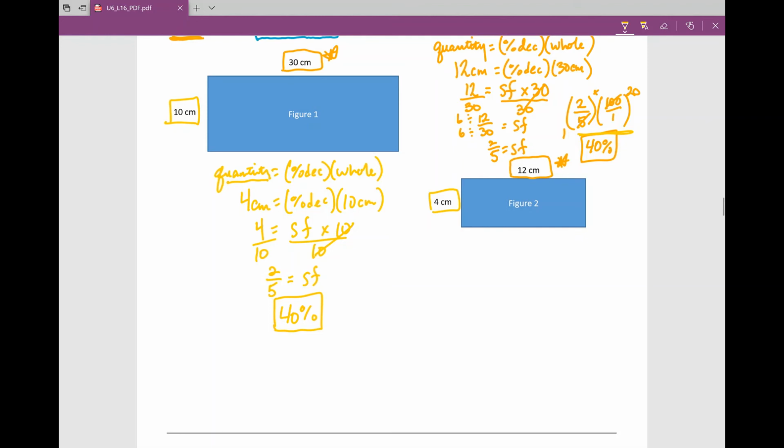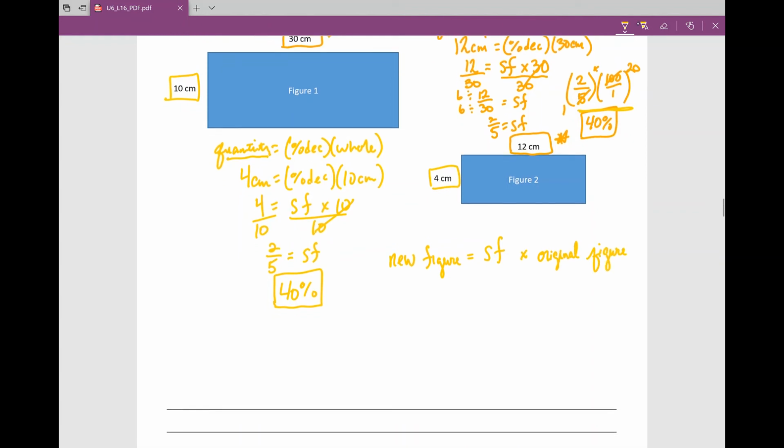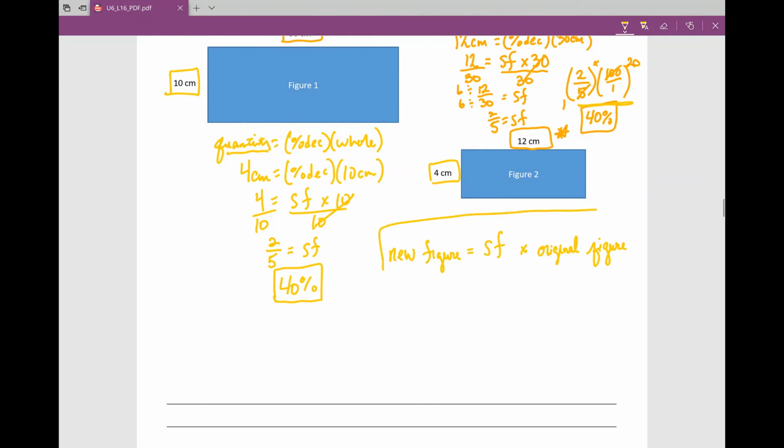The new. So we really used new figure, or the new side length, right? Equals. And then we even changed the percent decimal to scale factor times our original figure. So we know that we could actually use our percent equation and transform it to this to find scale factor.